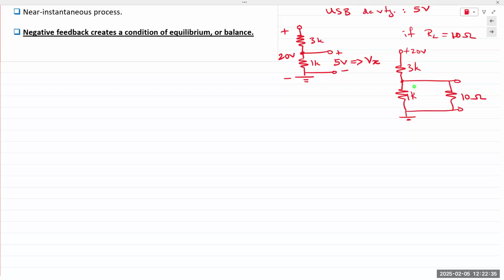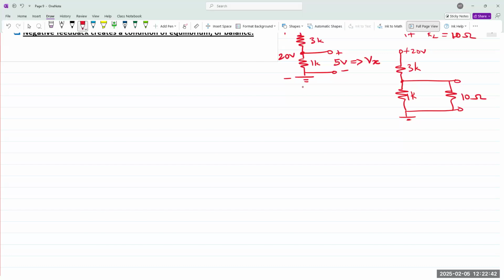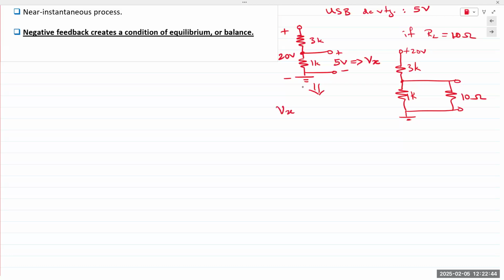And REQ would be less than 10. So by the voltage division principle, from here Vx would be equal to 20 times 1000 divided by 4000.